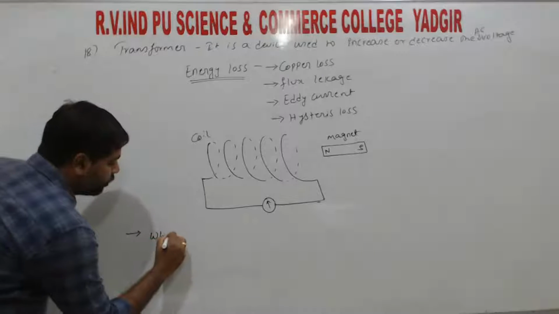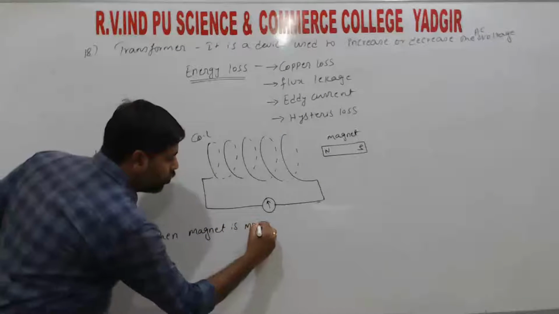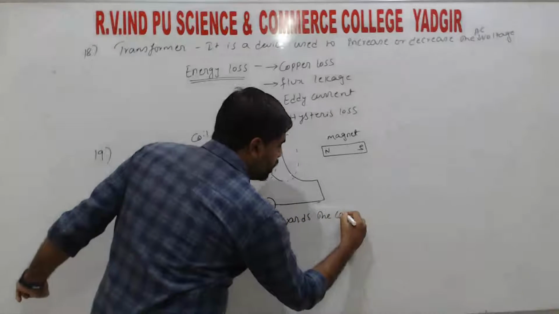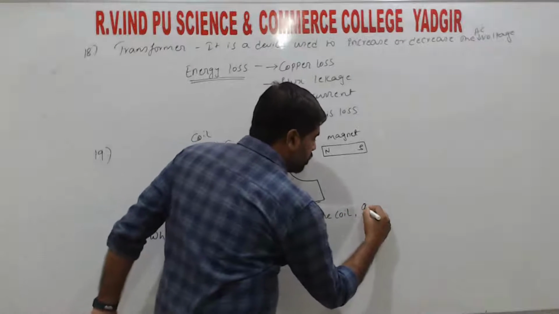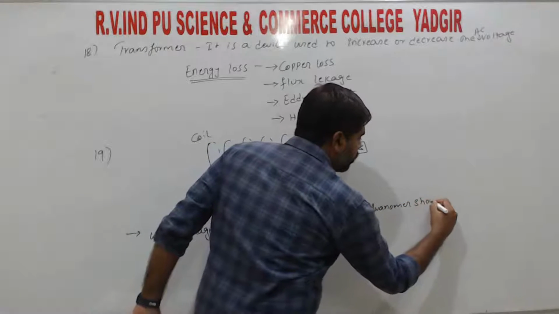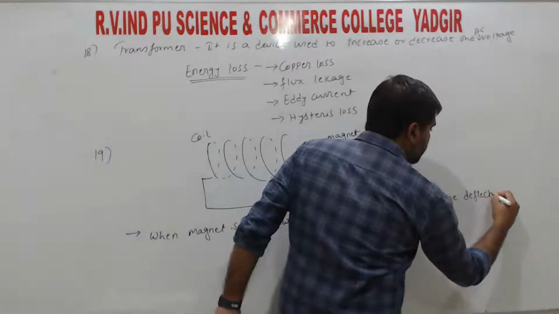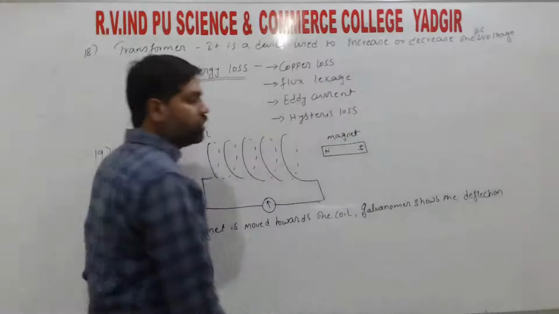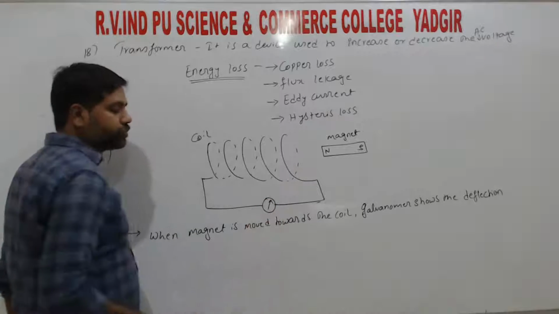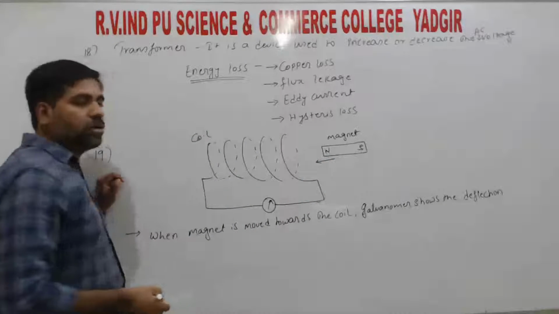When the magnet is moved towards the coil, the galvanometer shows the deflection, when it is moving towards the coil.